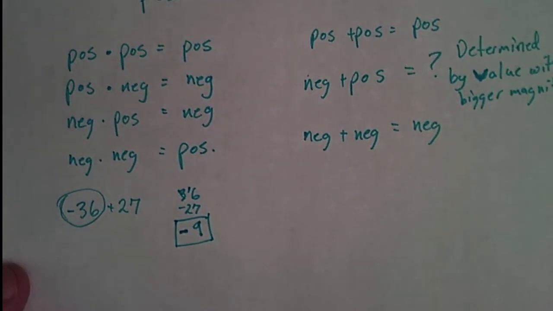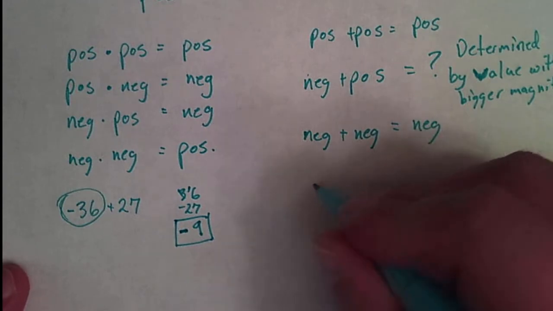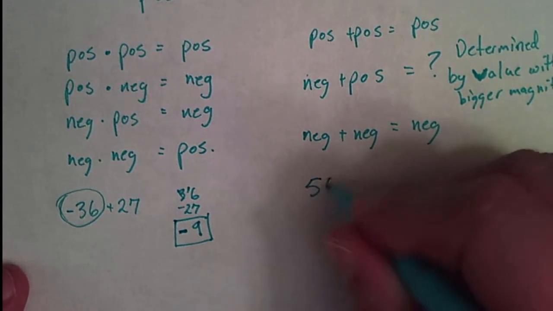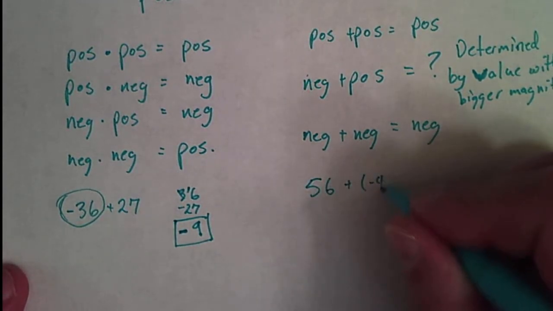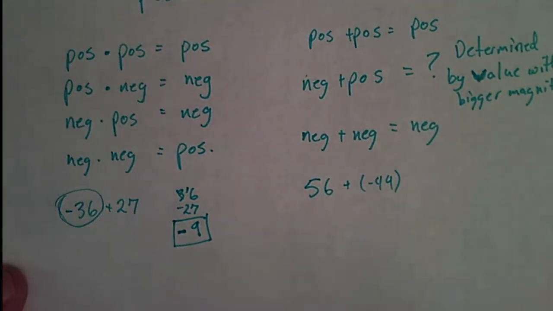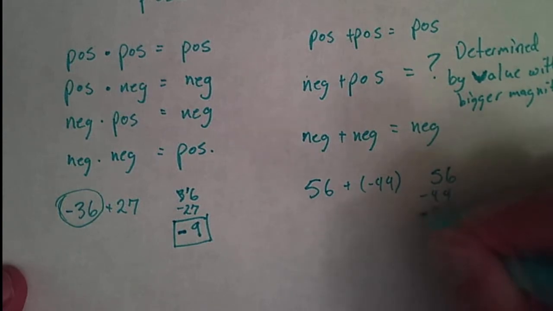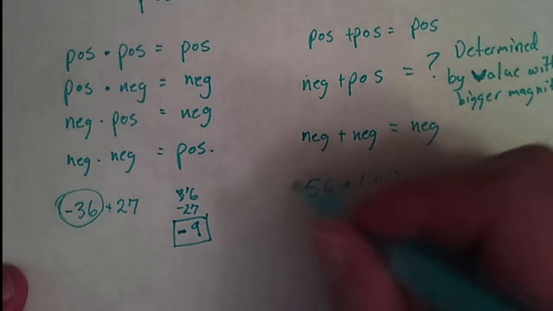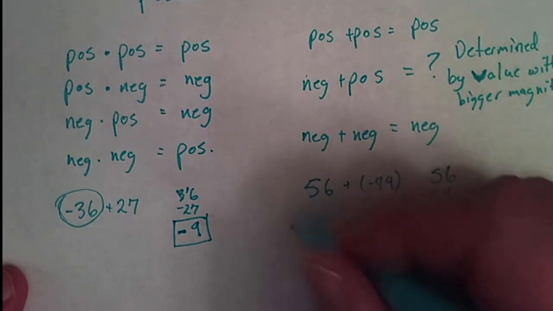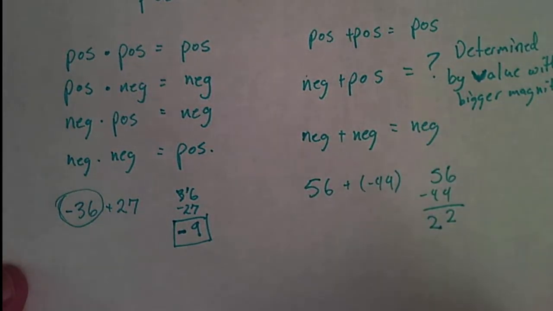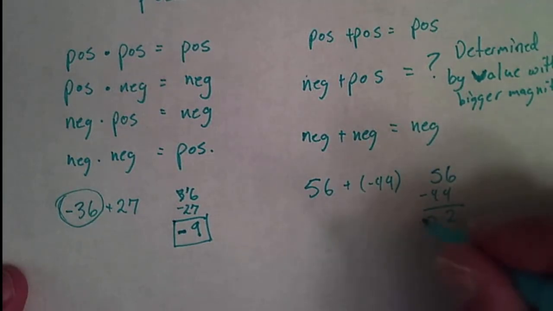And then we said if we had a positive 56 plus a negative 44. Well, we can do that as 56 minus 44, and we get 22. And because 56 has the bigger magnitude, we know that the outcome is going to be positive 22.